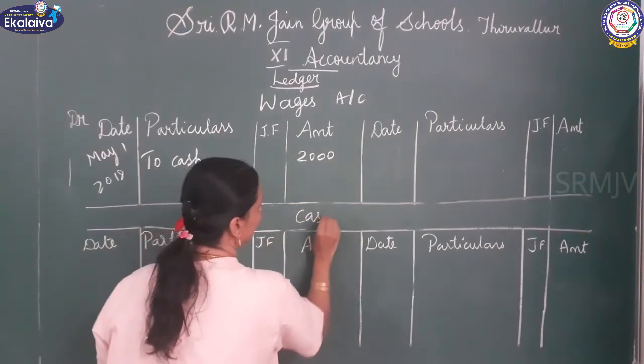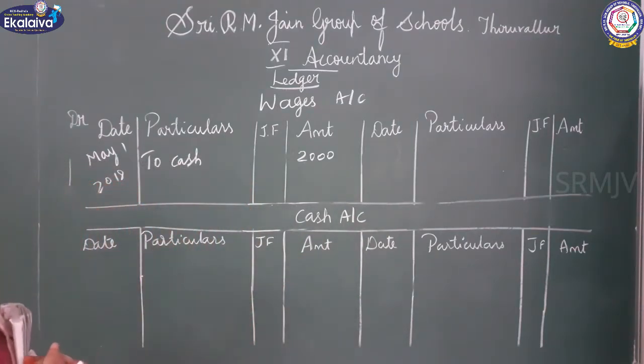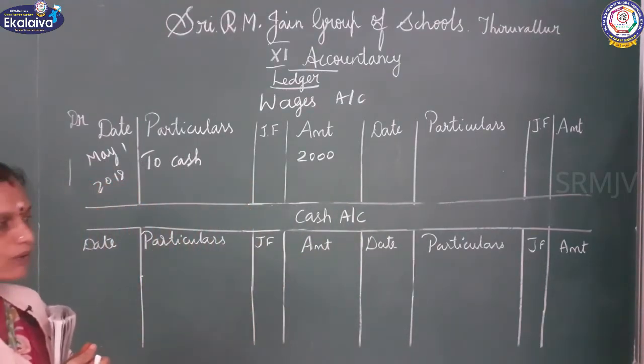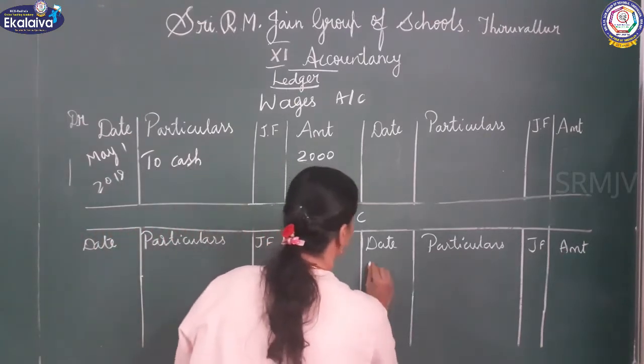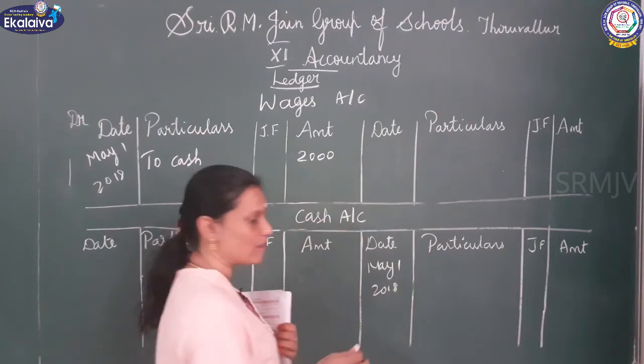Cash account you have to open. Okay, cash, whatever all we debited, everything we are going to credit now. Okay, so what we should do, no? May 1st 2018, what are all the expenses we made?